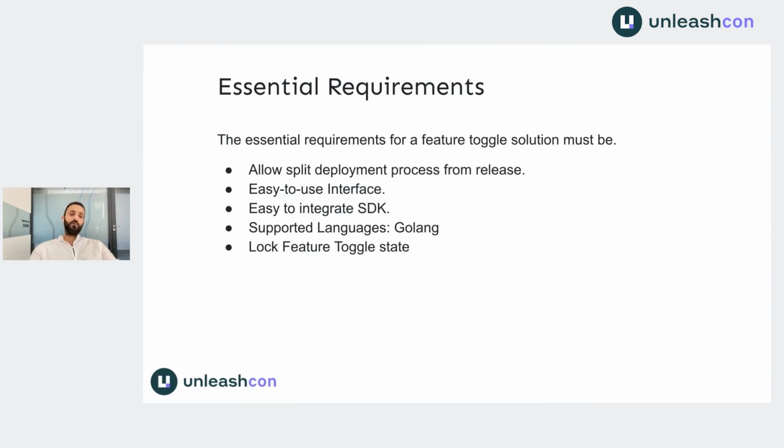So we're using Golang, and we need to be integrated with this language. Also, we need the lock mechanism, which I will talk about later. A lock on the feature toggle state handles all the CI/CD releases and makes sure that we do not override the state when something happens and we change the state of the toggle.